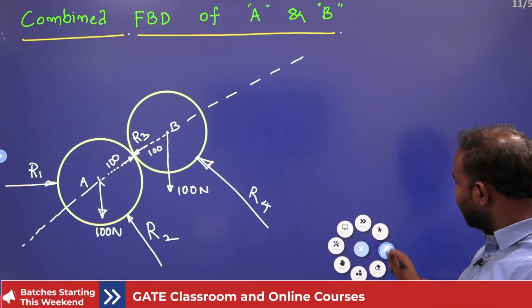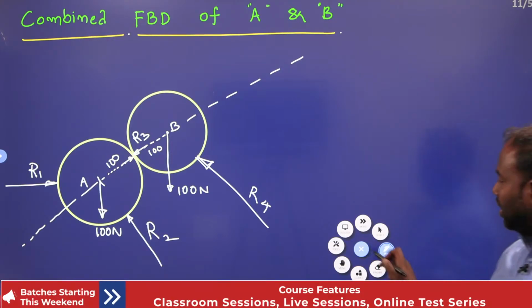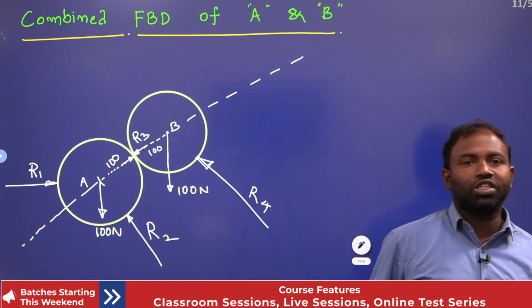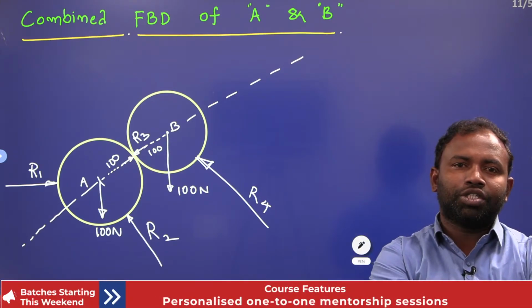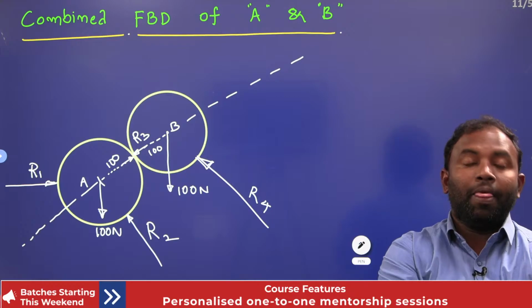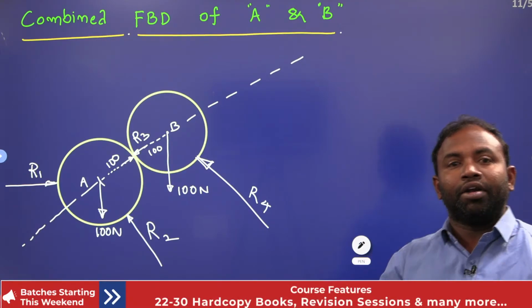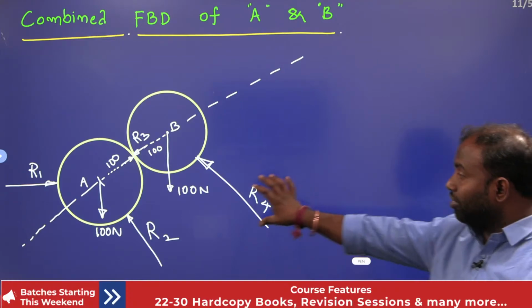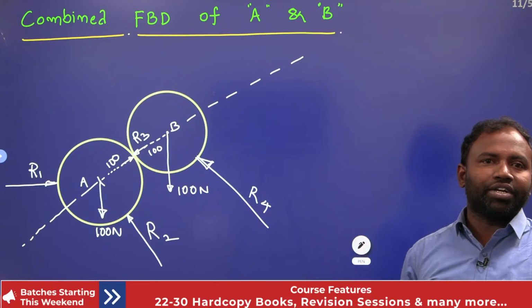Which equilibrium equation are we supposed to apply: sigma Fx equal to 0, sigma Fy equal to 0, or moment about any point equal to 0? You can take any one of those, but depending upon your requirement, you need to find R4, so accordingly you select it.